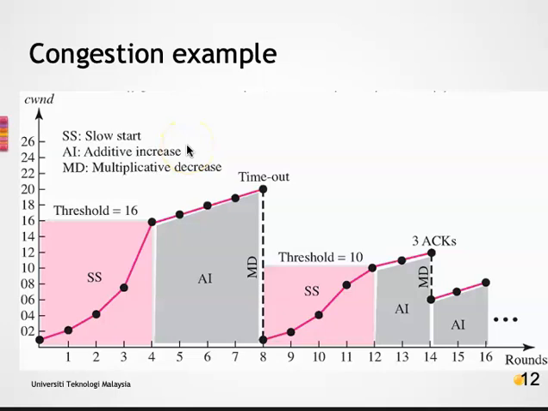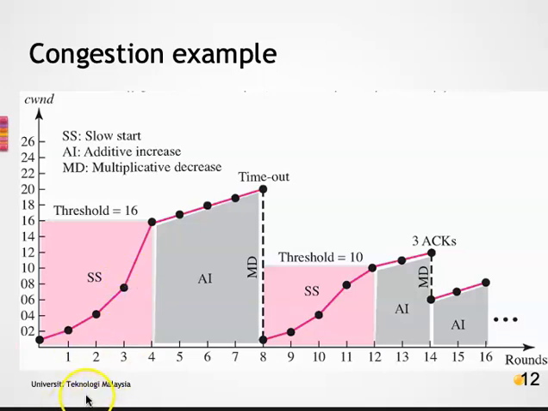The sender can guess that congestion has occurred by the need to retransmit a segment. Retransmission can occur in one of these 2 cases. The first one is when the timer times out, and the second one is when 3 duplicate acknowledgements are received by the sender.